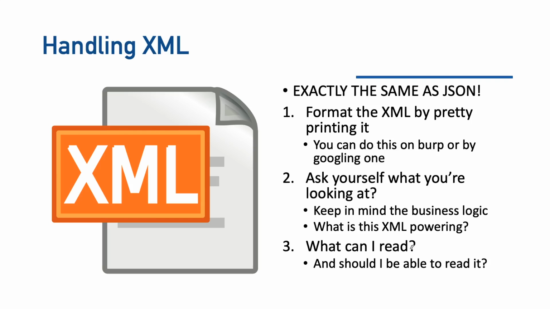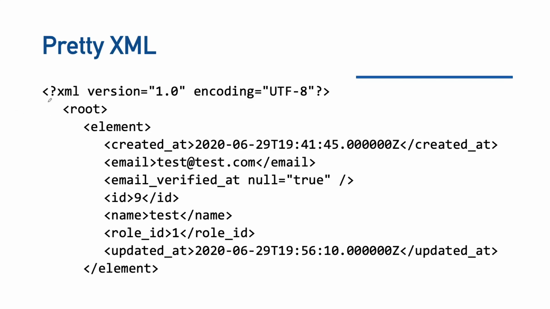So finally we say, what can we read and should I be able to read it? And the process is the same. So here's our pretty XML. Now XML usually starts with this, although it doesn't have to. Notably, this can be omitted. And we have root. So this is what I said before, that in JSON we have to start like this with our object that doesn't really have anything in it, that just has an array.